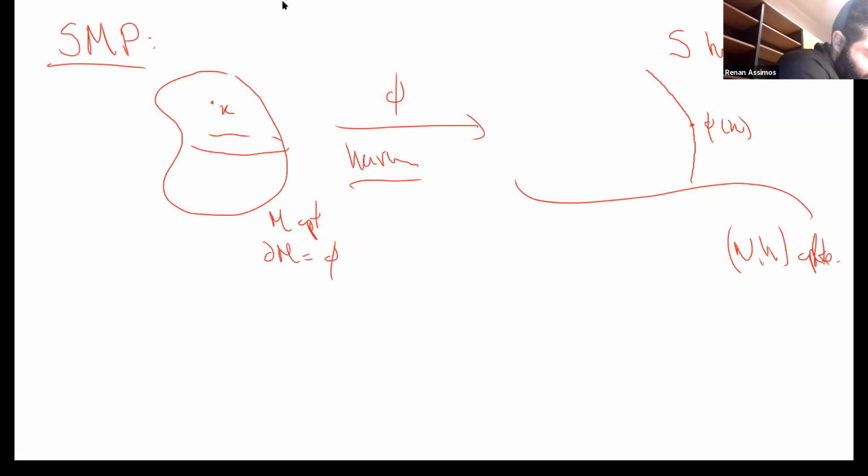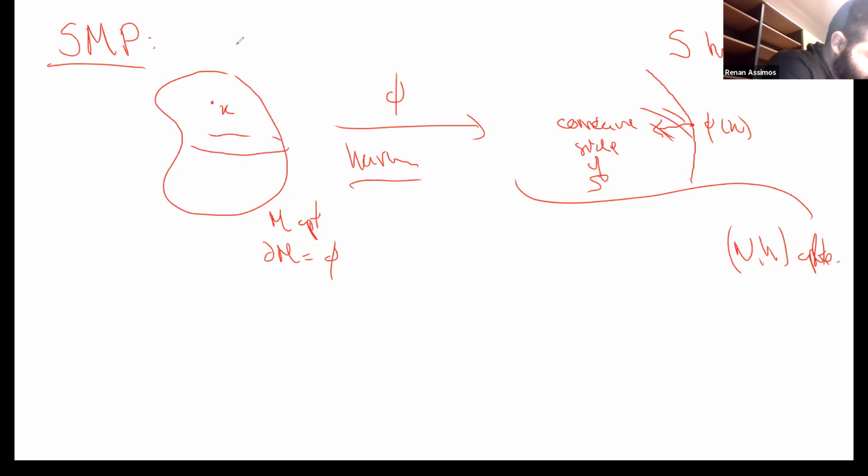So it's a convex hypersurface, meaning that the second fundamental form points to a given direction, so it's definite. This part here I'm going to use later. This is called the concave side of S.